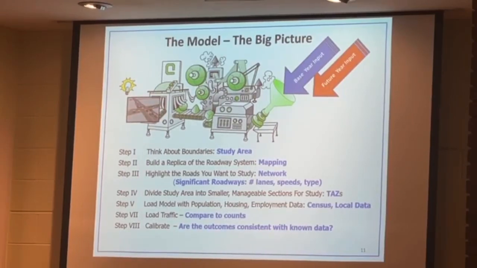After having the roads, traffic analysis zones, and the study area, we need to feed the model the population and employment, so we know where people are traveling, and we can translate population and employment into vehicles on the local network.